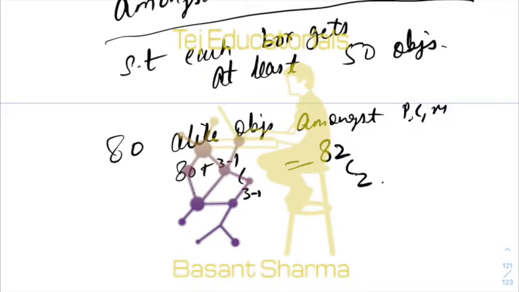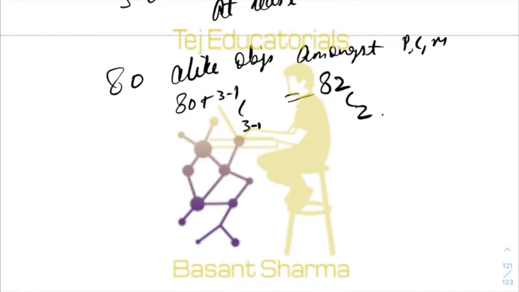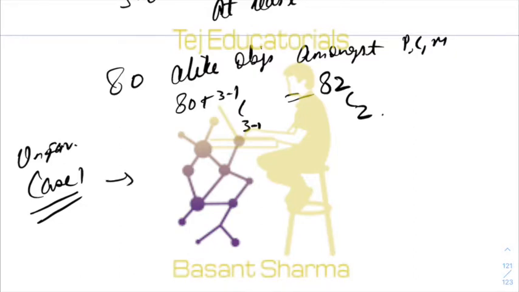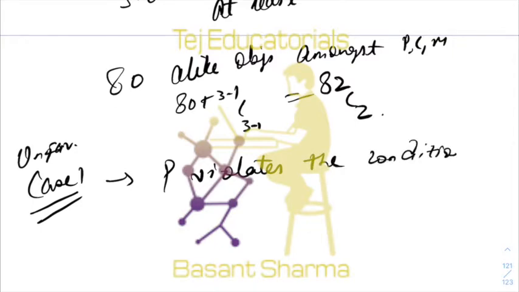So what we can do is use the bijection rule to subtract the unfavorable cases. Case 1 of the unfavorable cases is where P violates the condition. If P violates the condition, what does that mean?